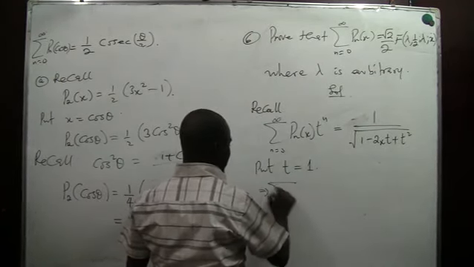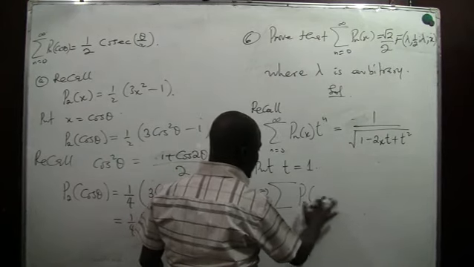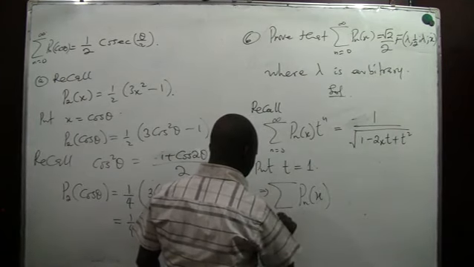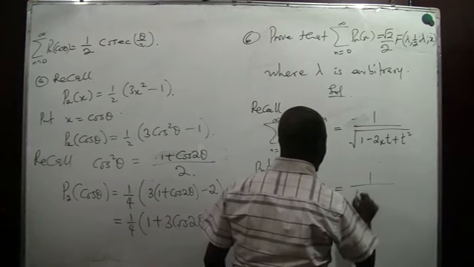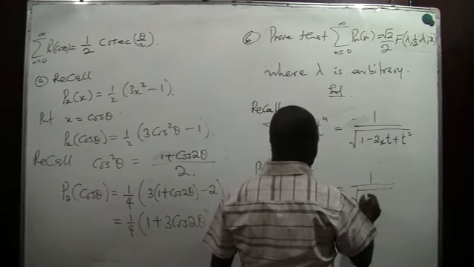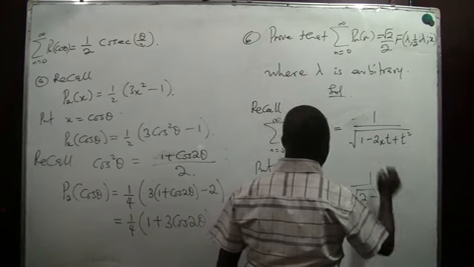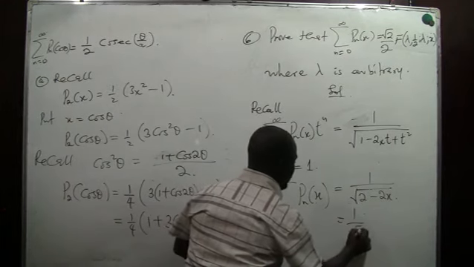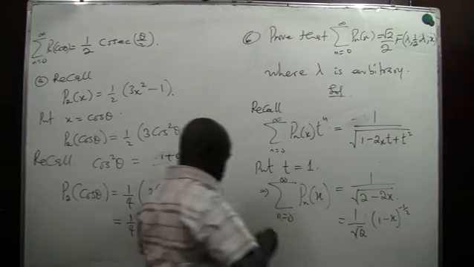It implies that we have the summation of Pn of x, t raised to power n, which is 1 raised to n, is 1, n from 0 to infinity, equals 1 divided by the square root of 1 plus 1, that is 2 minus 2x, which is 1 divided by square root of 2 into 1 minus x raised to power minus half.